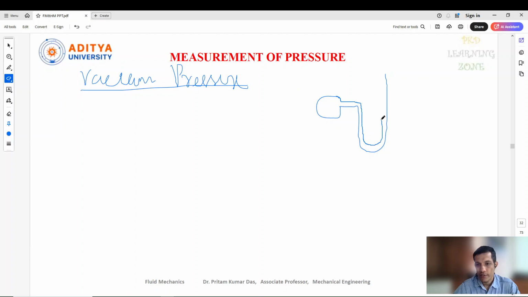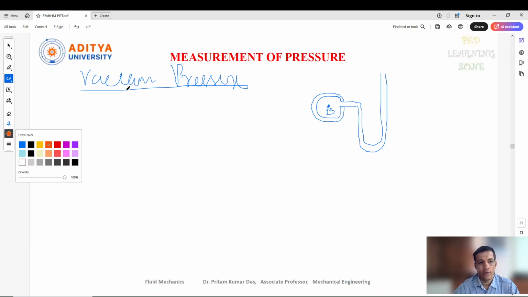As I told you, this is a U-tube manometer, so its shape is a U, and this is the pipe. Let's take the same point, A or B. The vacuum pressure, as we discussed previously, is always less than the atmospheric pressure. As I told you, this end is open to the atmosphere.